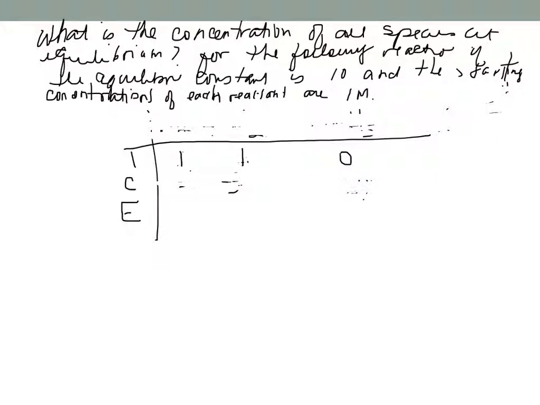Let's say hydrogen, H2 plus I2, at equilibrium, remember we have our double-headed arrow here, is equal to 2HI. Let's do it that way. So we can say negative x here and negative x here and positive 2x here.